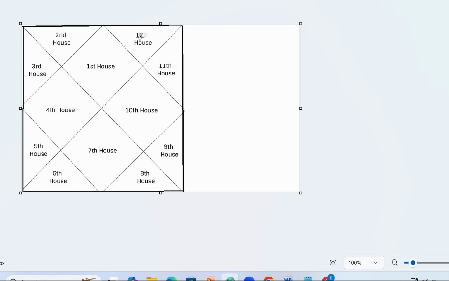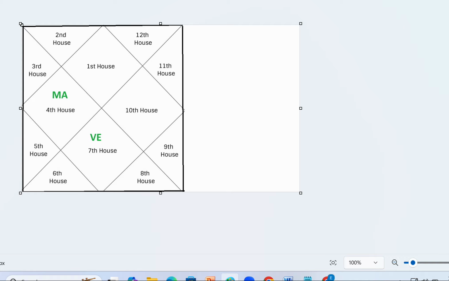Let us say Mars is sitting in Kark Rashi, and Venus is sitting in its own Rashi in Tula.